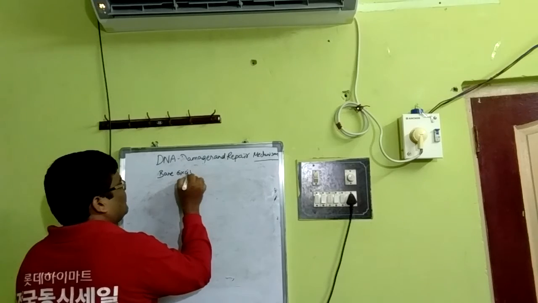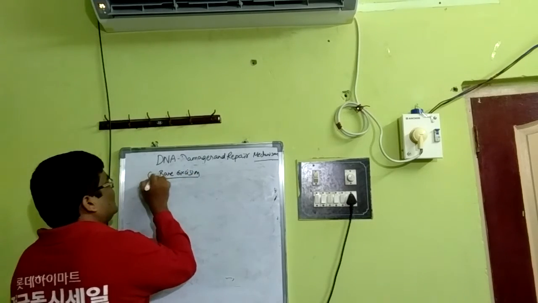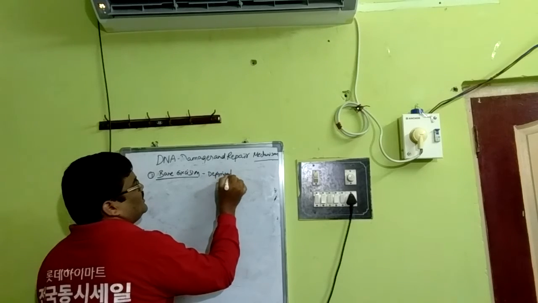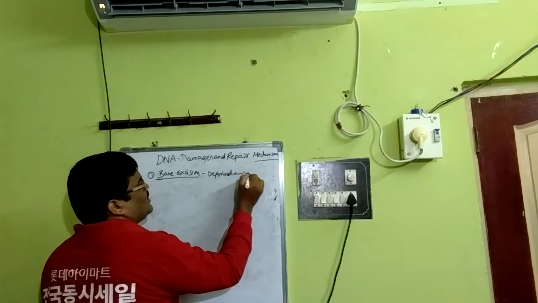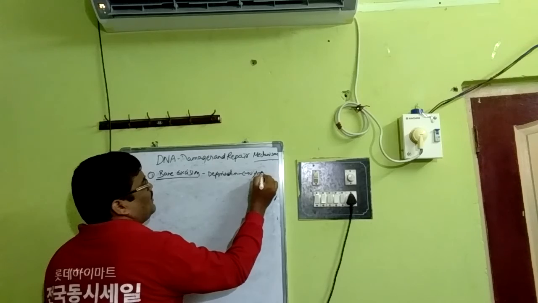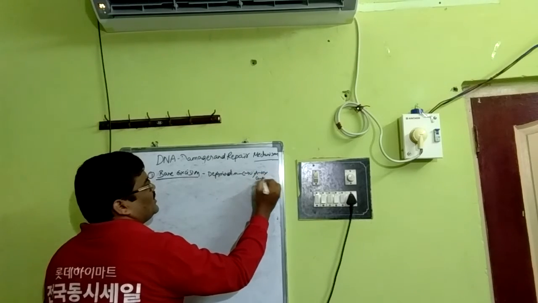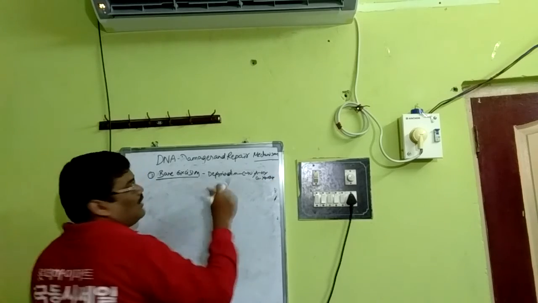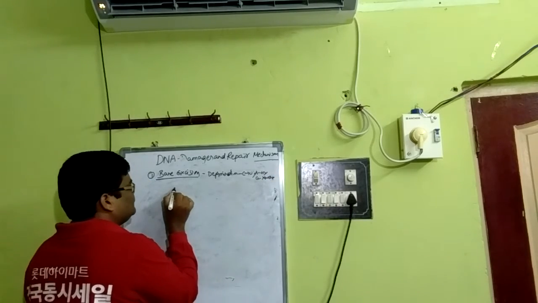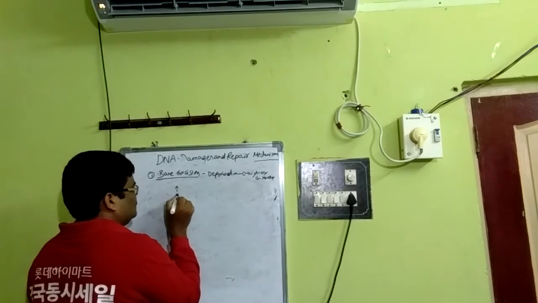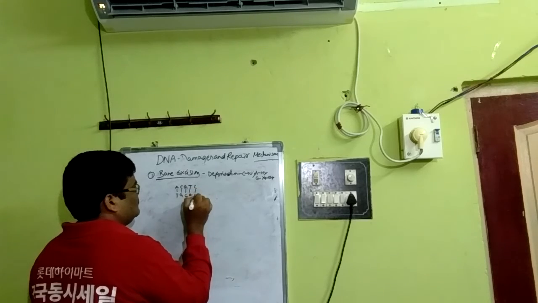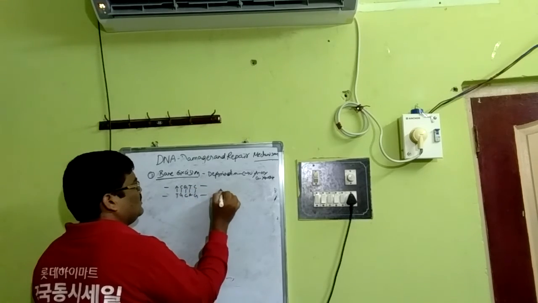Base excision repair. We have discussed depurination and deamination, which leads to cytosine becoming uracil, adenine becoming hypoxanthine, and guanine becoming xanthine. How? For example, say it's a normal DNA. This is normal.